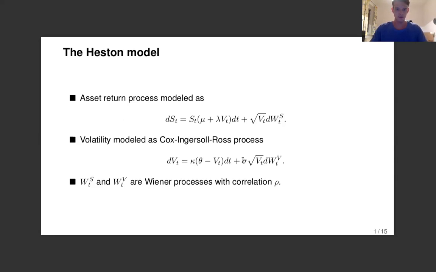Additionally, in this model, we also allow correlation between the Brownian motions driving the return process and the volatility process with correlation rho.